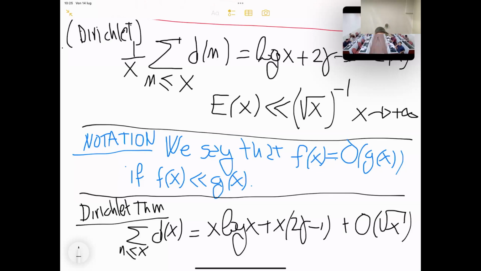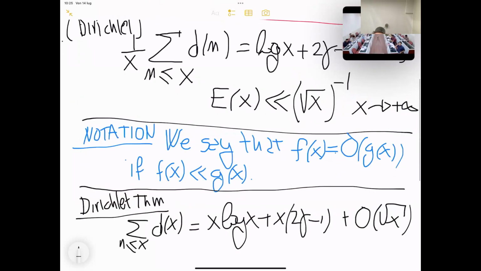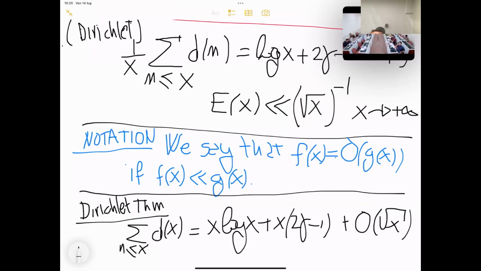So I'm sure you can identify these two statements as being exactly the same one, just using a different notation and multiplying everything by x.